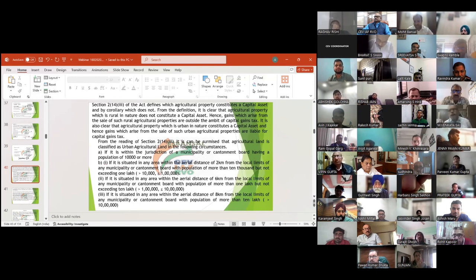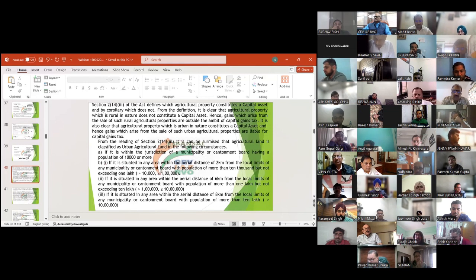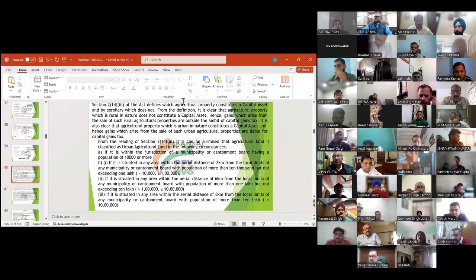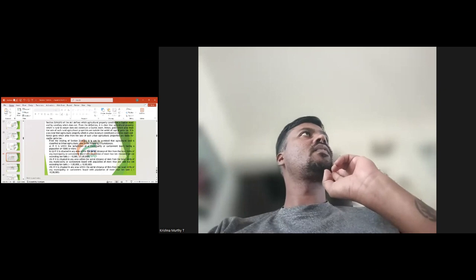Now another important thing, that rural agricultural lands are not subjected to capital gain. Only urban agricultural land are subjected to capital gain. This is as per section 2(14) of the Act, which defines which agricultural property constitutes a capital asset and by corollary which does not. From its definition, it is clear agricultural property which is rural in nature does not constitute a capital asset.